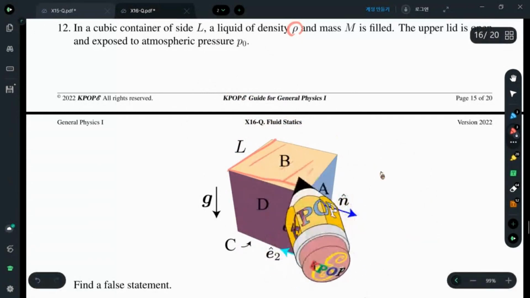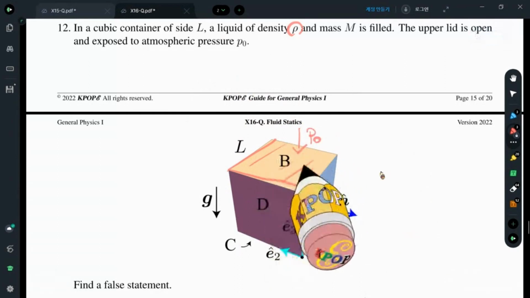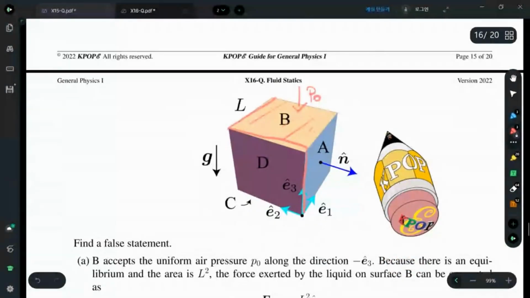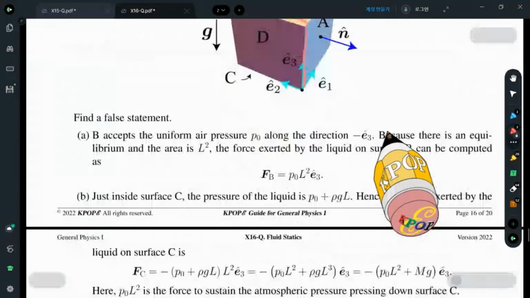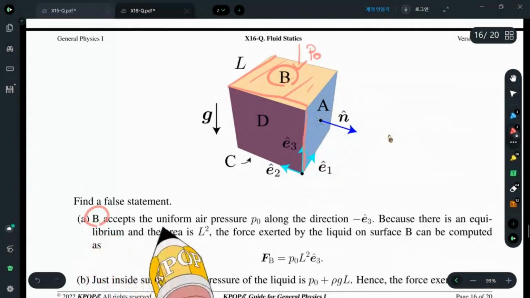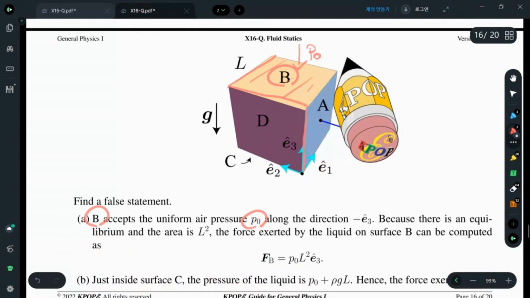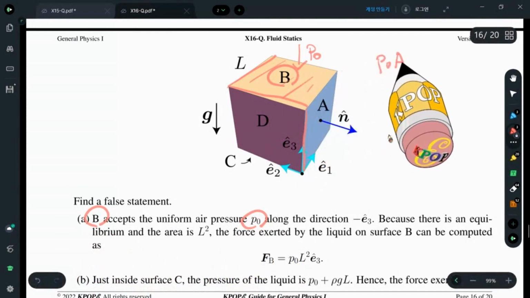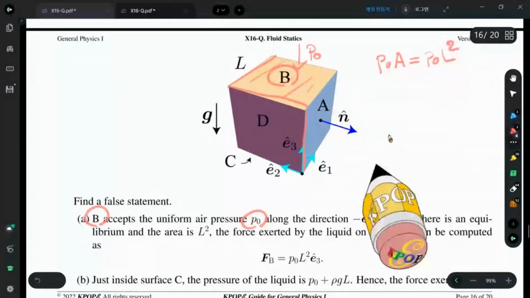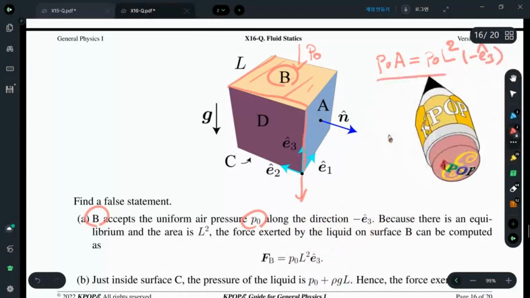And this part is open, and atmospheric pressure P0 is applied on the surface B. B accepts the uniform air pressure P0. So what is the amount of force? P0 times area. What is the area? P0 times L squared. What is the direction? It's the downward direction. That is minus E3 hat. Okay?